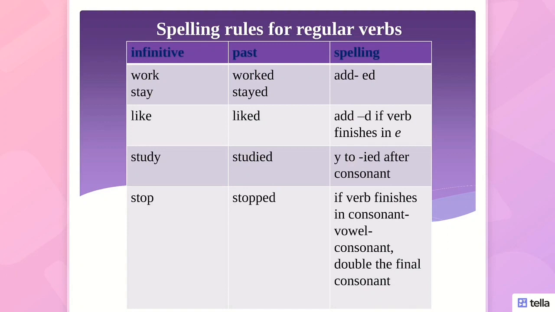And if our verb has such letters as consonant, vowel, consonant right in the ending of the verb, then we have to double the last consonant and only after that add ed to make its past form. For example, stop, stopped. You see there is a double p in stopped.